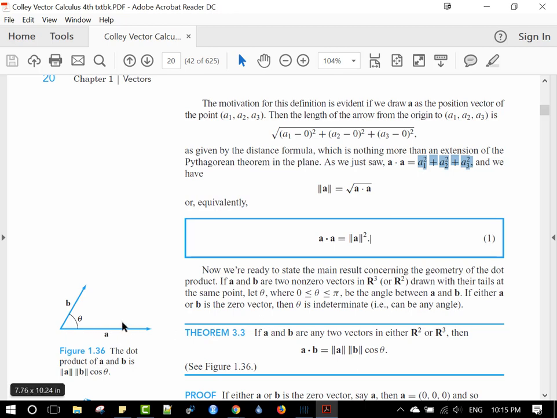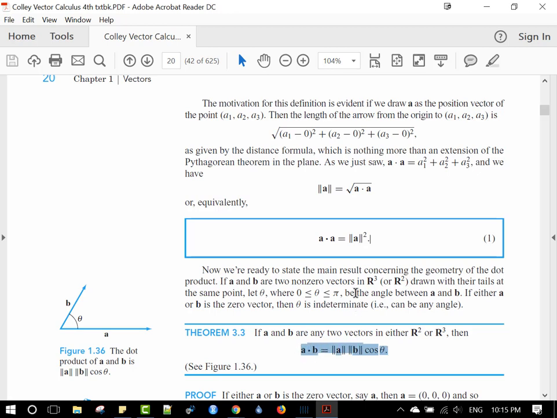And what's the cosine of 0? It's 1. So if we do A dot A, what this is saying is that it's the norm of A times the norm of A, so the norm of A squared, times 1, but we already said that. So in the case where B and A are the same, this just becomes this. So at least in that case we can see that this is true.